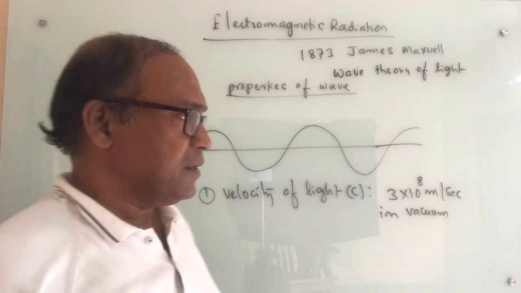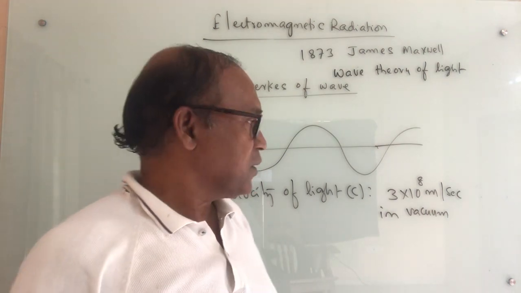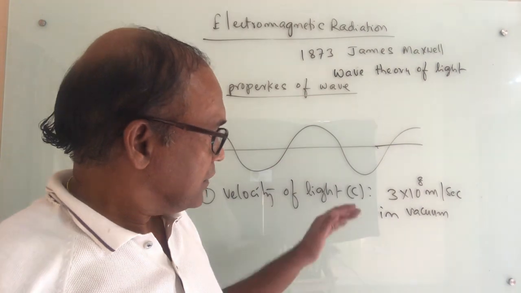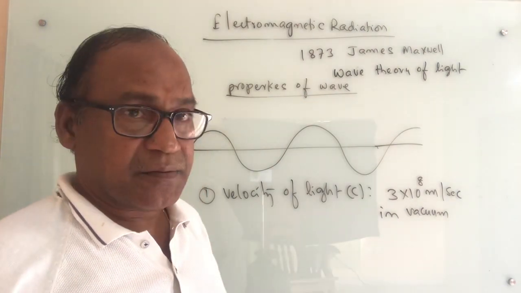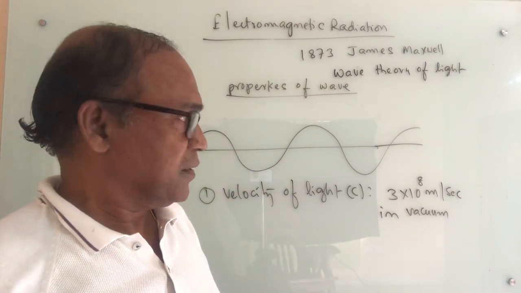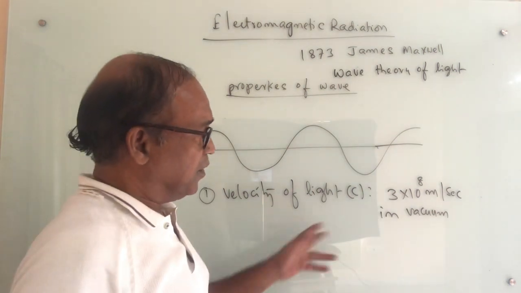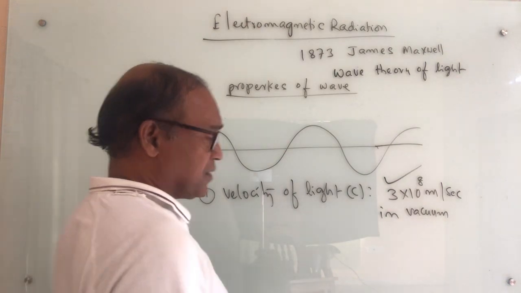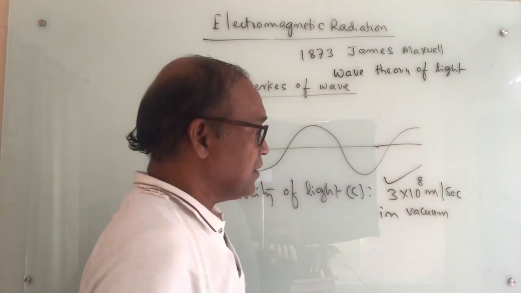Quite high velocity. It also depends on the density of the medium. The velocity slows down as the density of the medium increases, but the change in value is negligible. For all practical purposes, we use the light velocity as 3 into 10 power 8 meters per second.